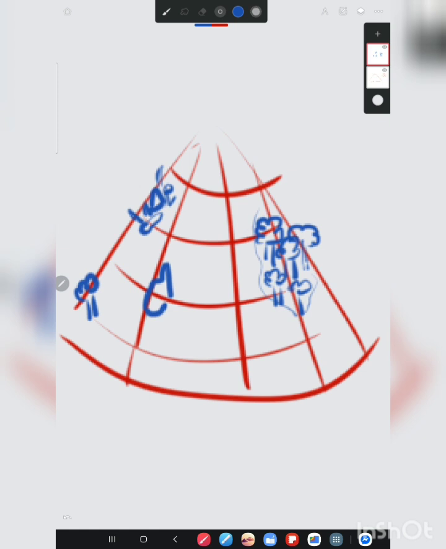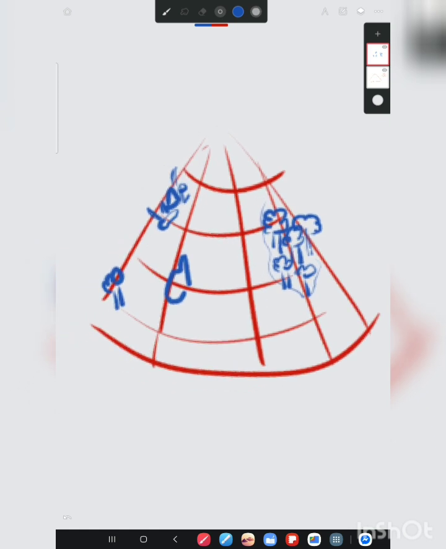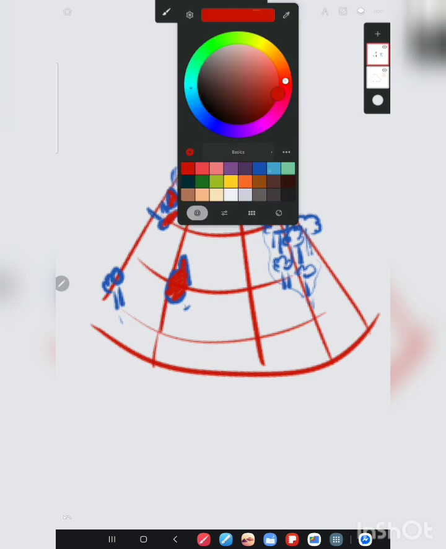Okay. So let's say I oversimplify my mountain to only have this many clumps. 1, 2, 3. This is a rock. I'll color the rocks in red. Okay, and my trees in green.